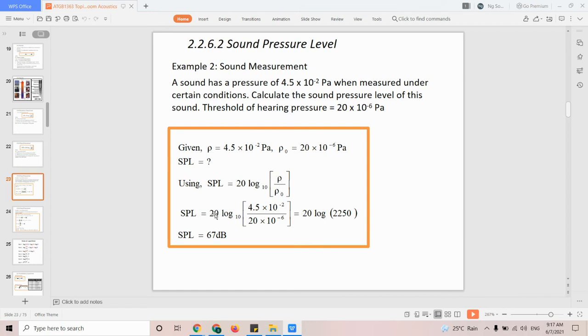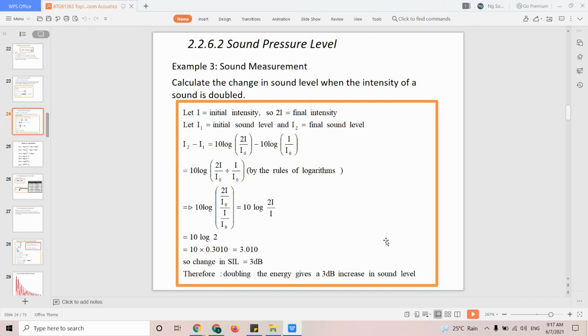So this is a very simple example of how we can work out the sound pressure level. We just put the given value into the formula, and for this example, the sound pressure level is 67 decibel.